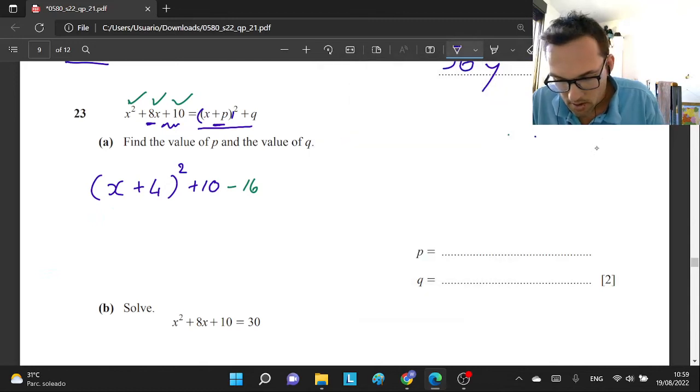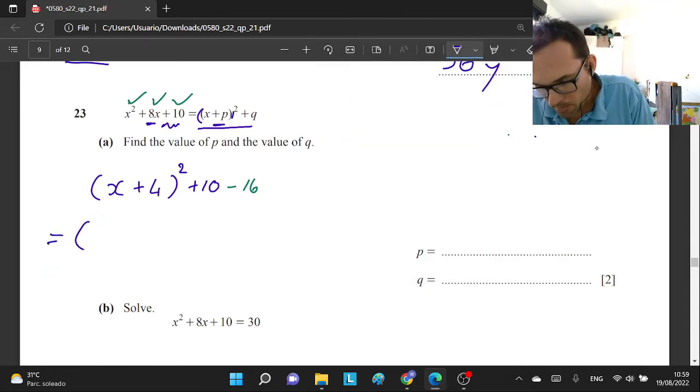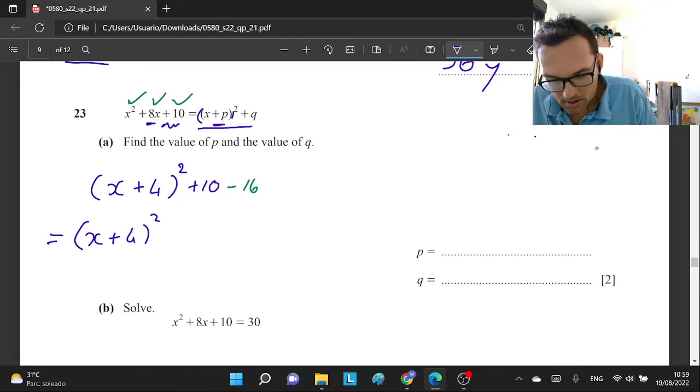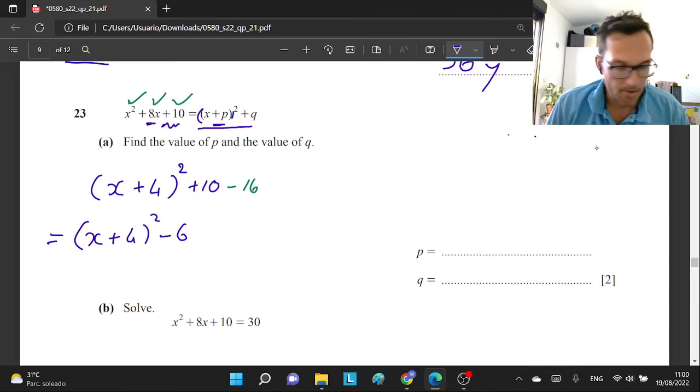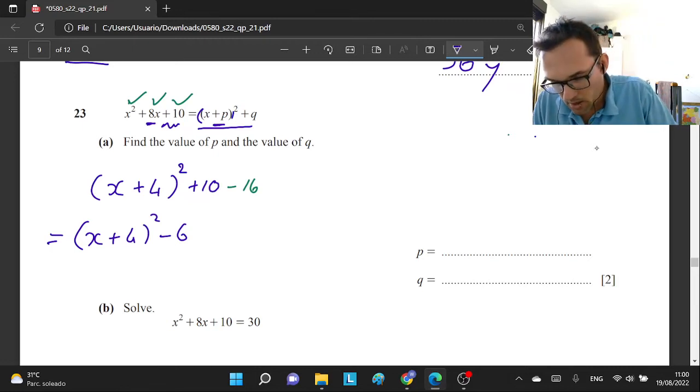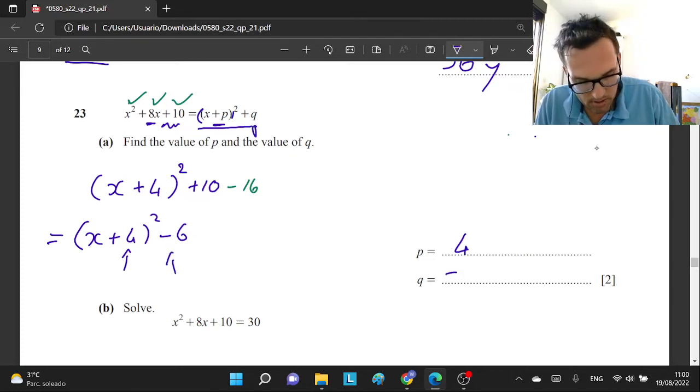And then all we need to do is simplify it a bit. We got the x plus 4 stays the same. 10 minus 16 is minus 6. Okay, so the p, there's the p, that is 4. And the q, there is minus 6.